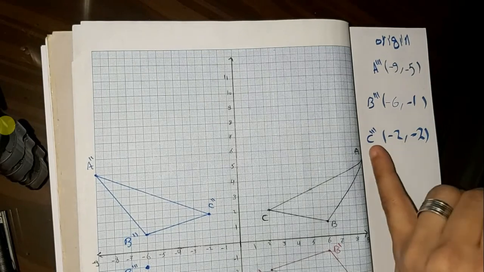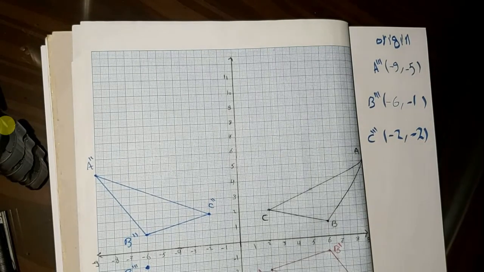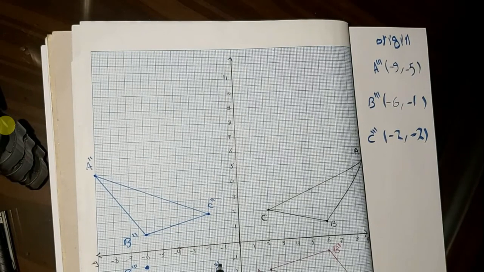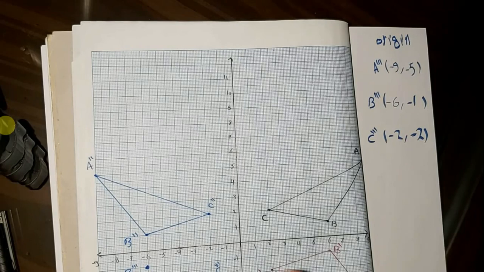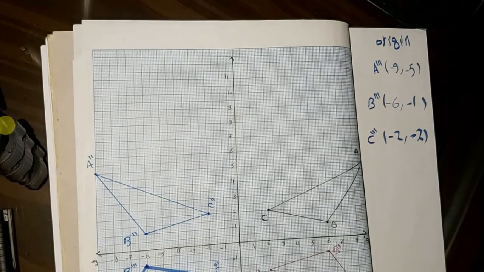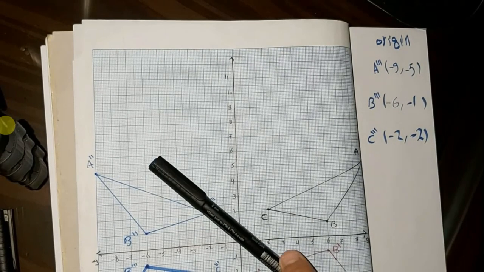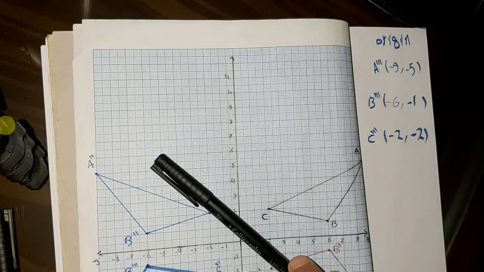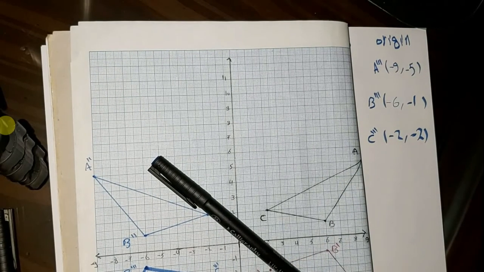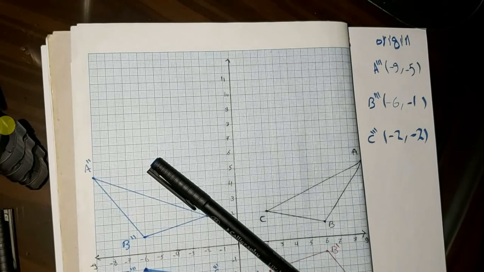The last point is C triple dash, -2 and -2, so -2 and go down to -2. This is C triple dash. We join the 3 points with each other. This is our last triangle, the reflection on the origin point. The origin point is like a mirror, and the distance between each point in our original triangle and the points in our image will be equal to each other.